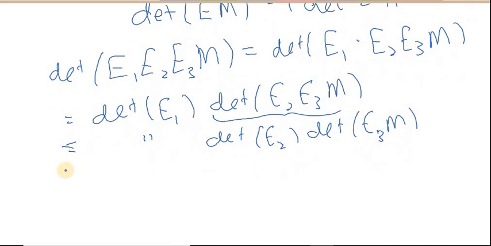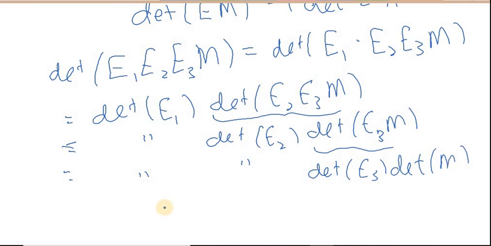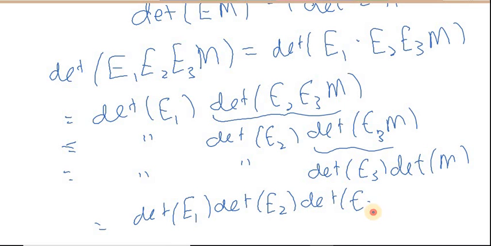And then I can just have here ditto determinant of E1 times determinant of E2, and then I can look at this one. This is determinant of E3, determinant of M. So altogether what I have is determinant of E1 times determinant of E2 times determinant of E3 times determinant of M.